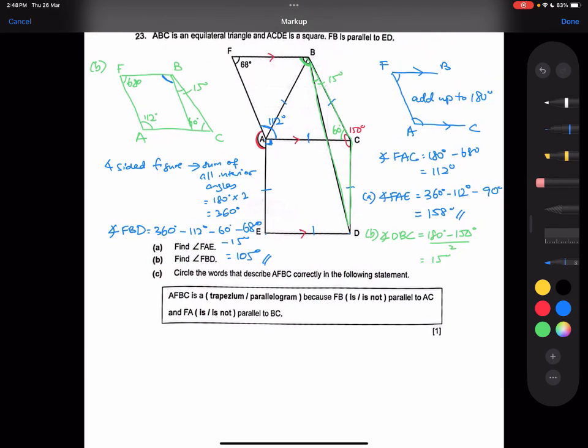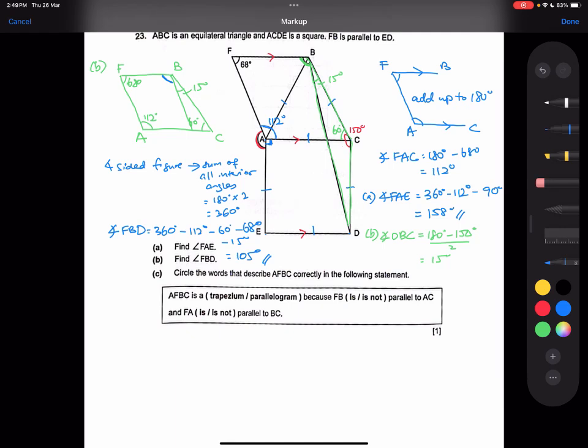Now, circle the word that describes AFBC. AFBC, which is the diagram that I have just drawn. AFBC is a trapezium or parallelogram because FB is or is not parallel to AC.